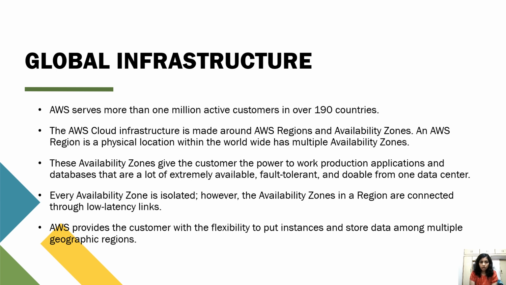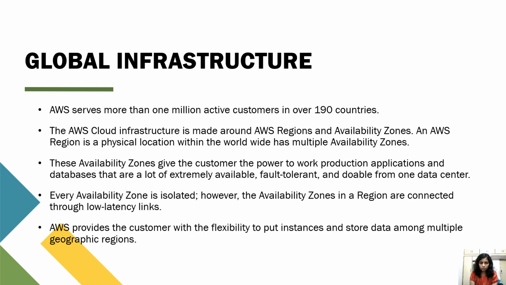The AWS cloud infrastructure is built around AWS regions and availability zones. An AWS region is a physical location in the world which has multiple availability zones. These availability zones give the customer the power to run production applications and databases that are highly available, fault tolerant and scalable compared to a single data center.